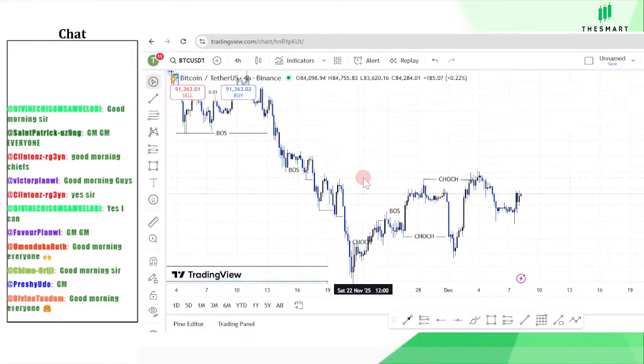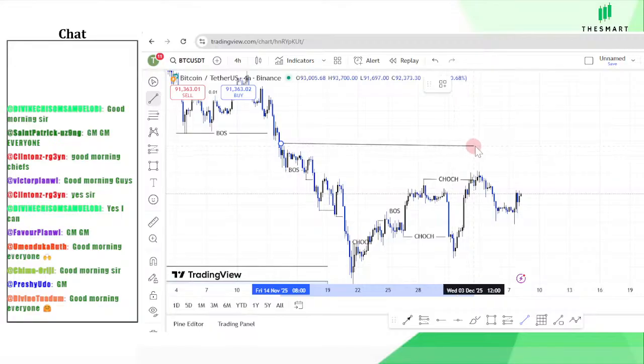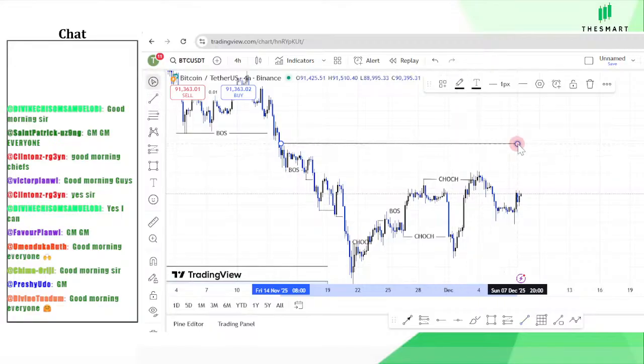This tells us that we should be looking for a possibility to take out this liquidity. At least we should be able to clear all of these zones till this level. We have this major target, this liquidity point.